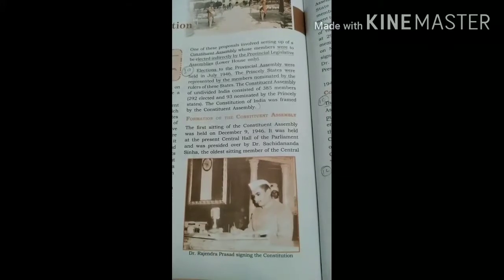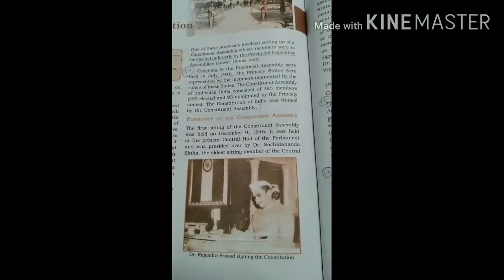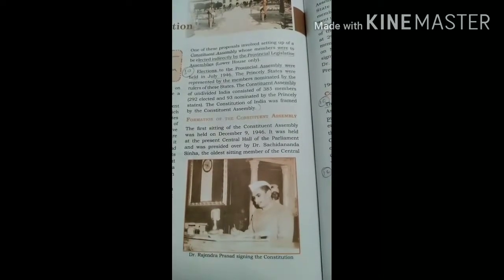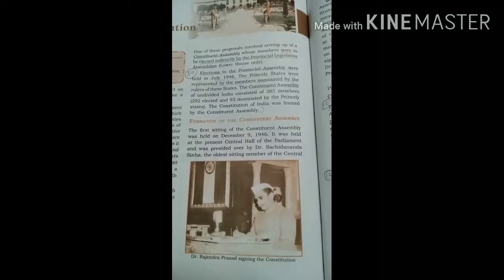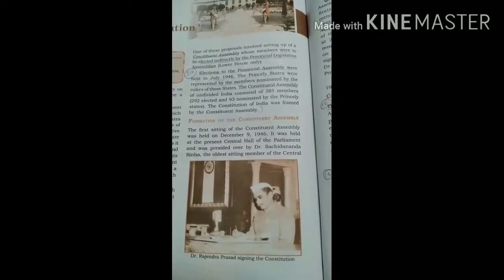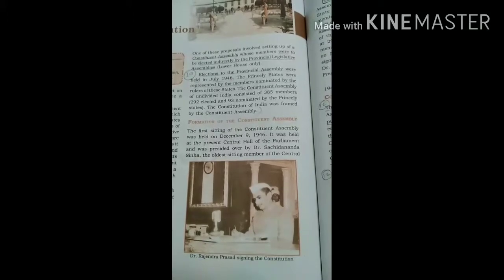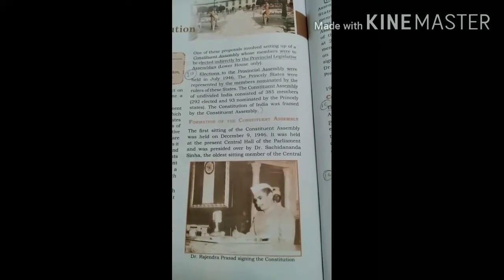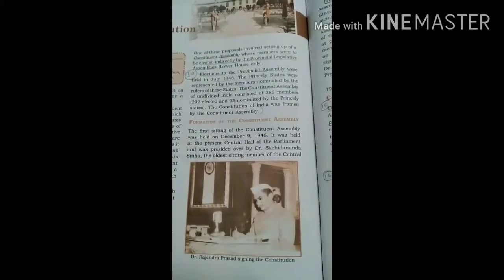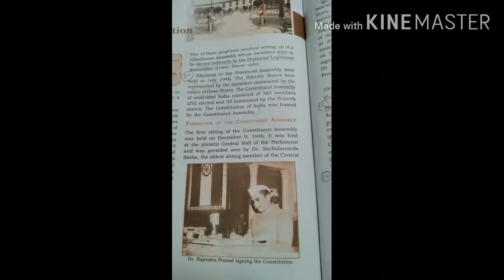So Dr. Sachidanand Sinha was the first president of this particular Constituent Assembly meeting, held on December 9, 1946 in the Parliament, which is now in New Delhi. He was the oldest sitting member of the Assembly.